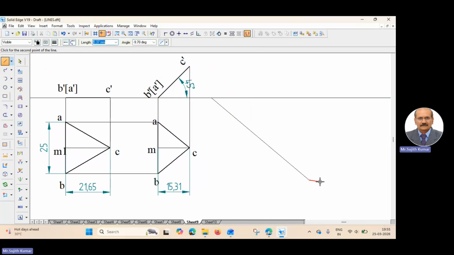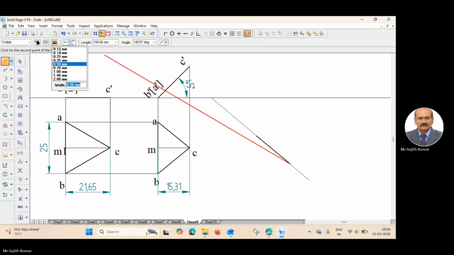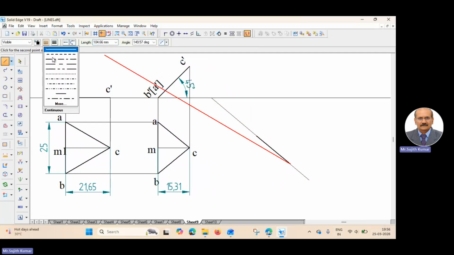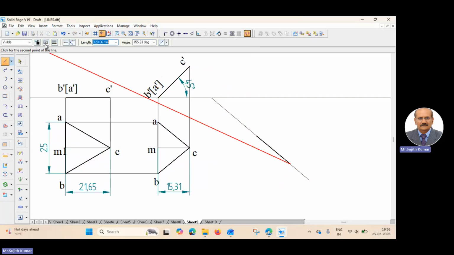Decide what length you require and click there. After this, 21.65. Take a line command and draw one line from here, 21.65. Then through this, draw the locus line.